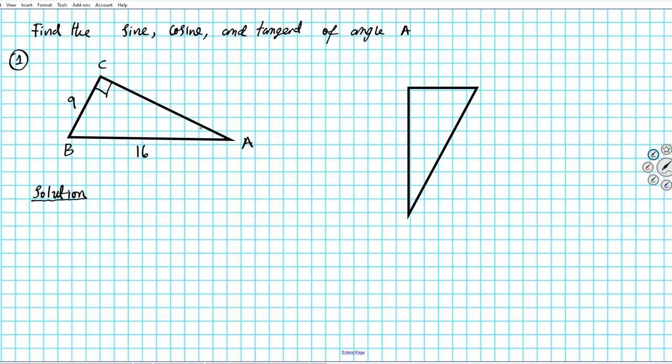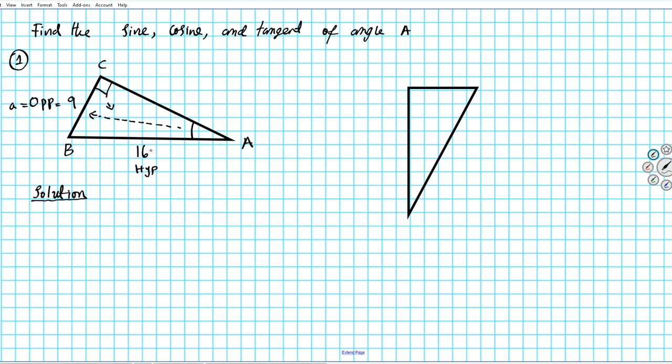So let's go ahead and mark the sides. This is the reference angle that we're dealing with, angle A. This side right here is the opposite, and we can also call that a. And the side opposite the 90-degree angle is your hypotenuse.